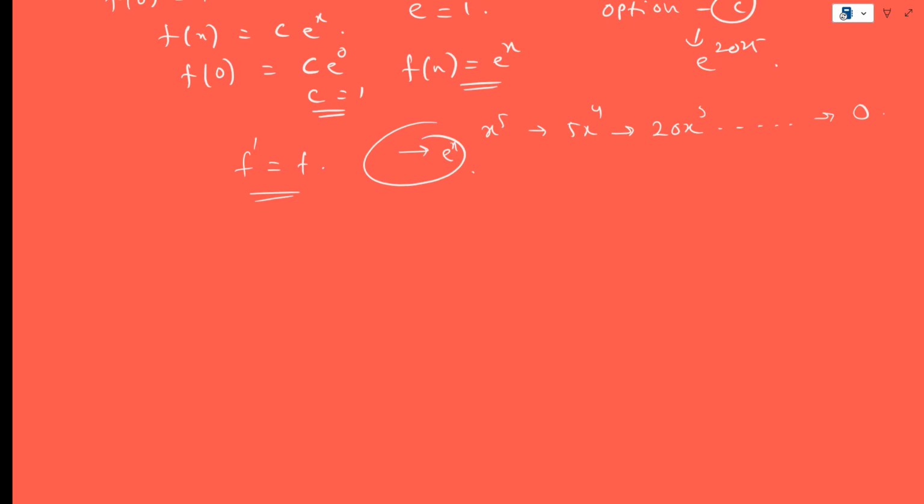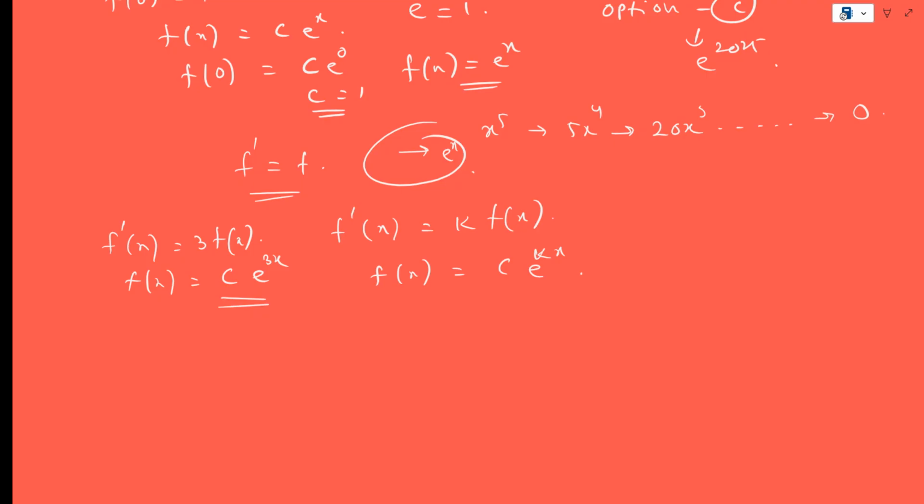Now, more generally, if f'(x) is equal to k into f(x), then f(x) is c into e to the power kx. For example, if f'(x) is 3 into f(x), then f(x) will be c into e to the power 3x. Very important for differential equations.